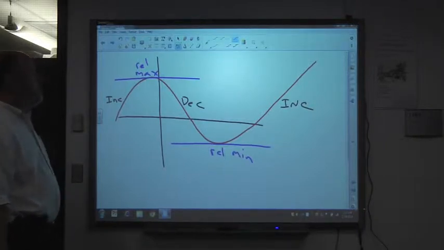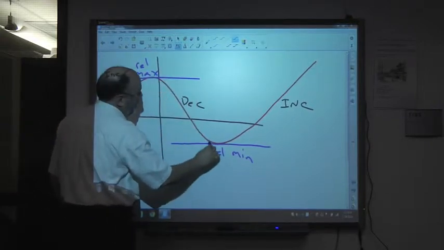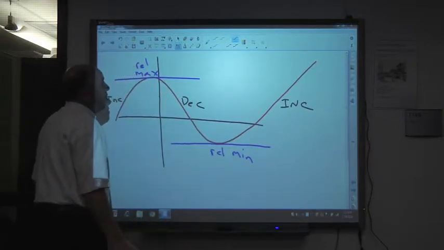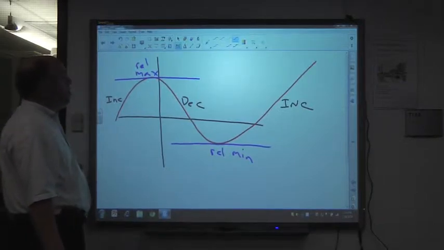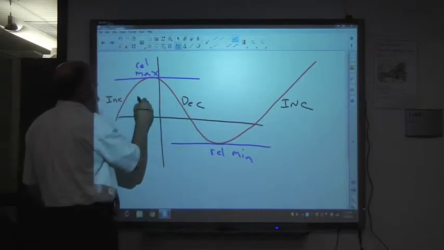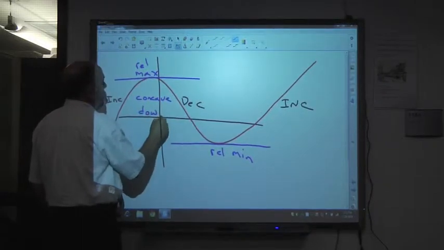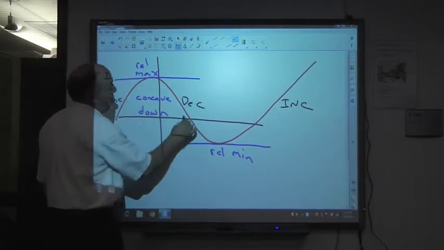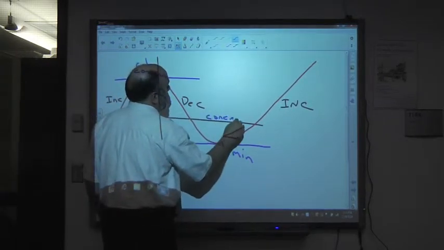Also, you notice in terms of this curve that it goes through a change in the type of curve. And we can also find that out by doing derivatives. So this piece of the curve is what's known as concave down. And then this part here is concave up.